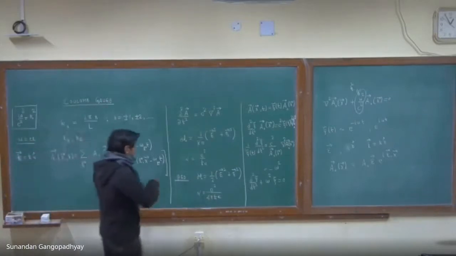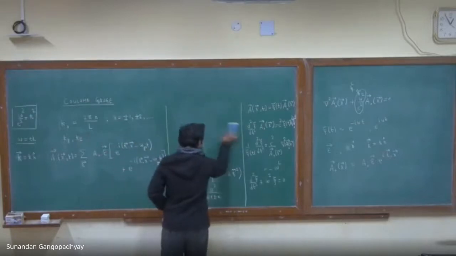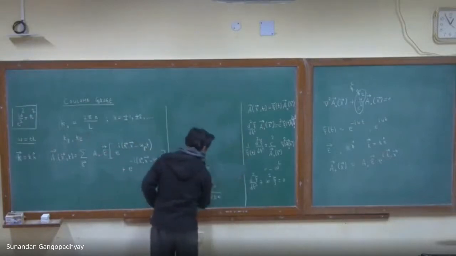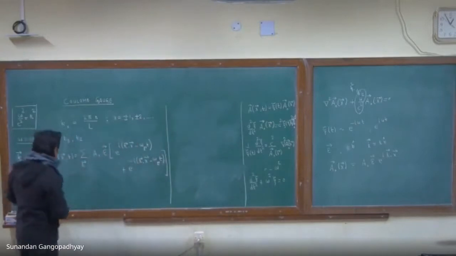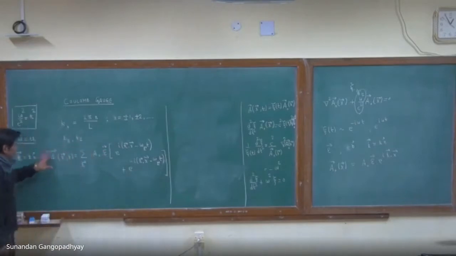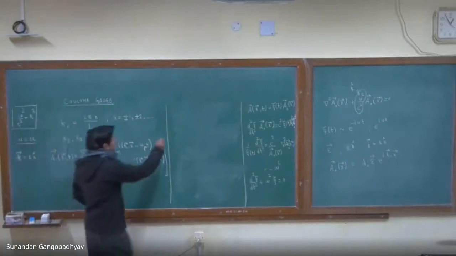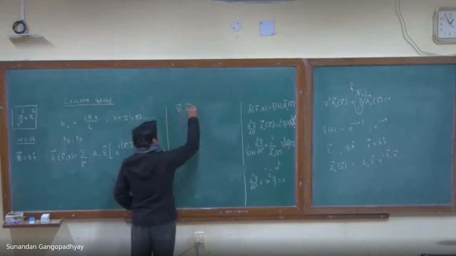Okay, now let us proceed further. Let us now recall that this solution that we have written down must be compatible with the Coulomb gauge. So we must have divergence of A equal to 0.